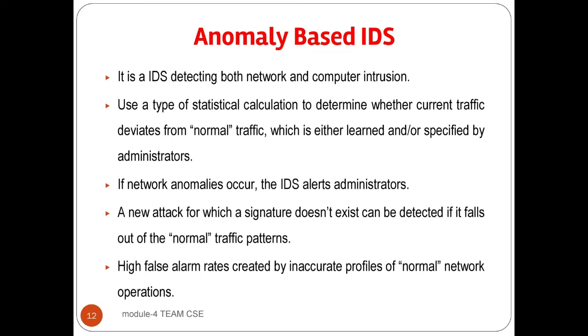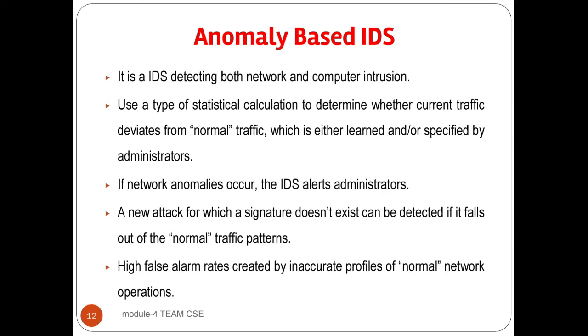Anomaly-based IDS is an IDS detecting both network and computer intrusion. It uses a type of statistical calculation to determine whether the current traffic deviates from normal traffic, which is either limited or specified by the administrator.